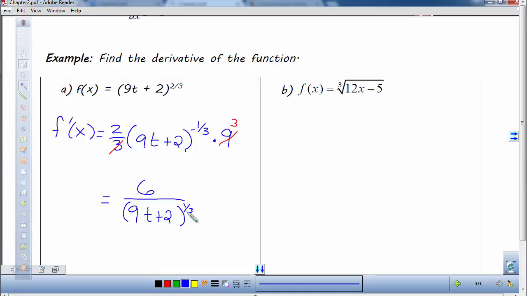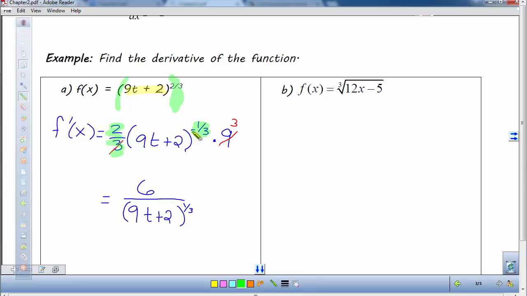Think of this as an inside and an outside. This was our inside function, and then this other piece, this 2/3, is our outside function. So when I did this, that dealt with the derivative of the outside.